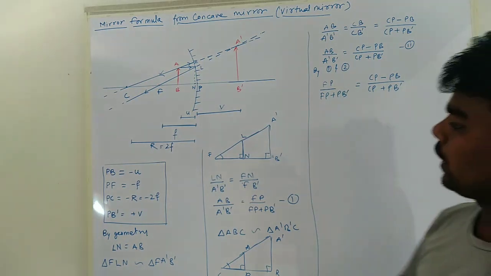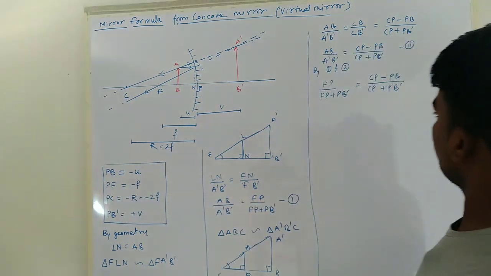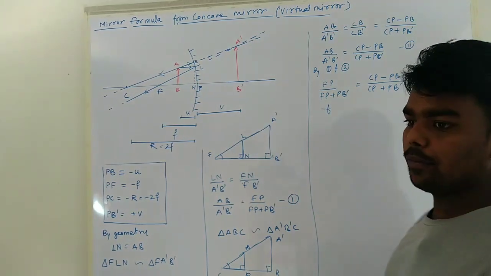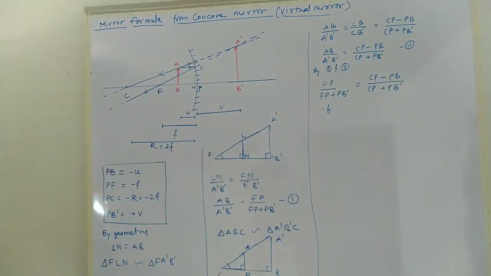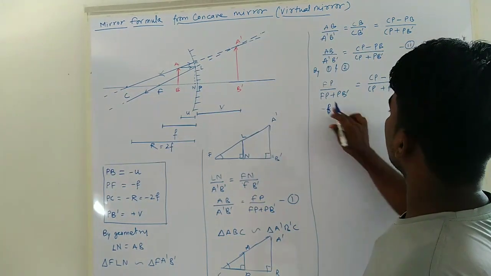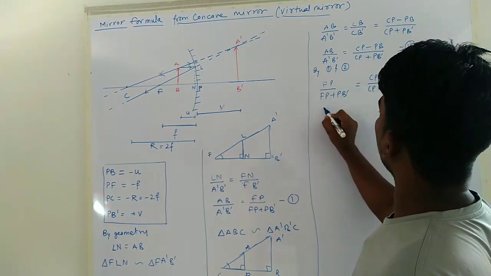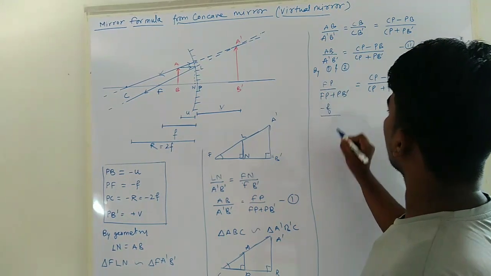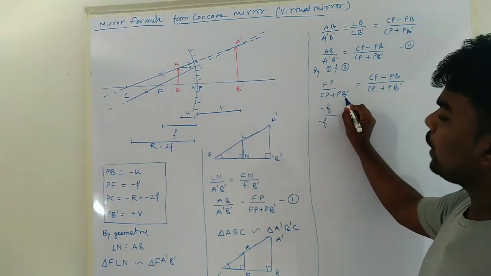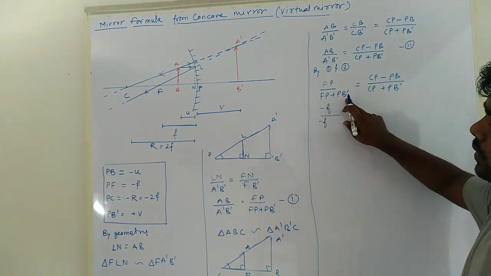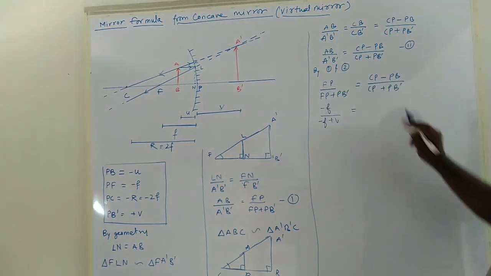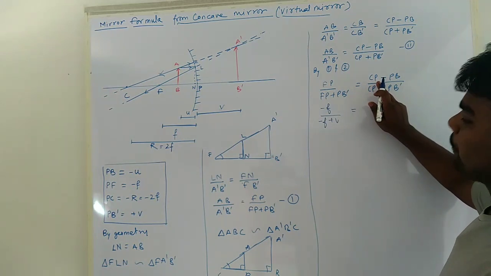So FP, or PF, is equal to minus F. Again FP, so minus F, and then PB dash, PB dash was plus V, is equal to CP.